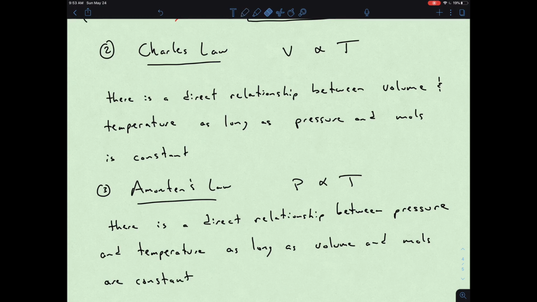So it's really kind of the same idea. It's just a question of whether we're talking about a pressure-temperature relationship or a volume-temperature relationship.